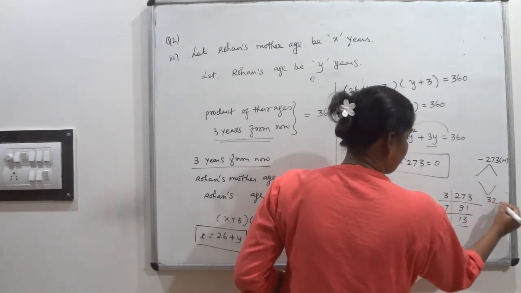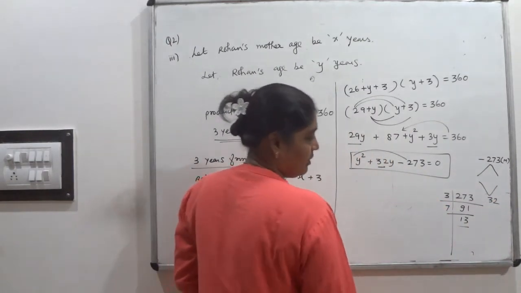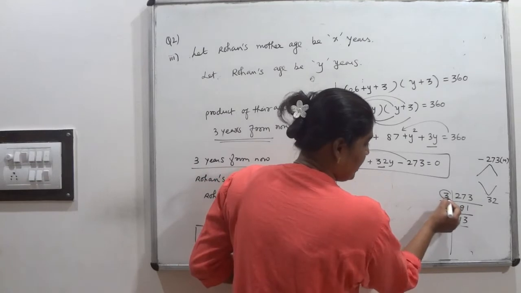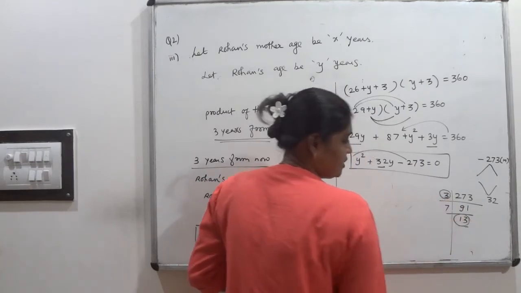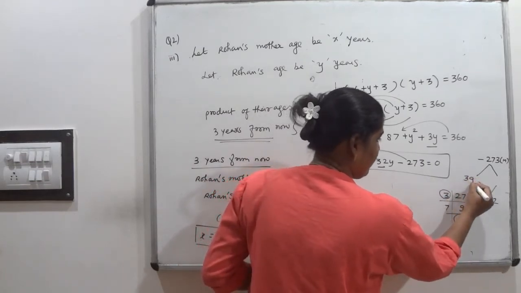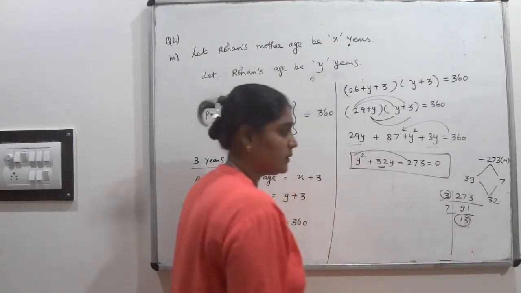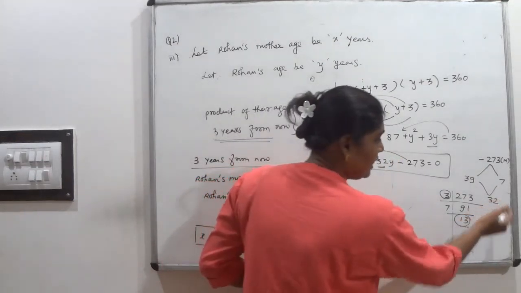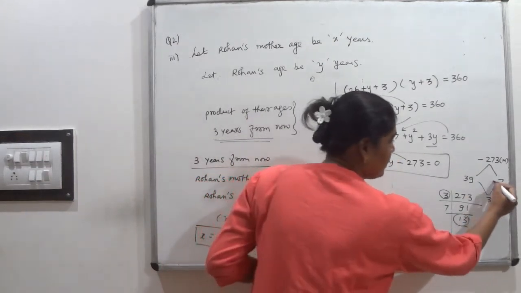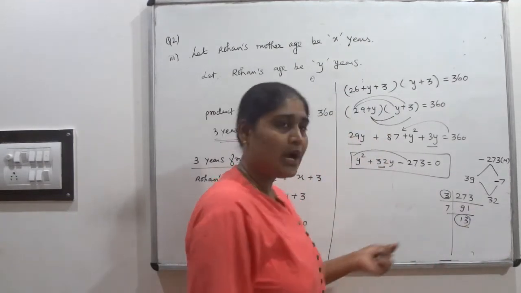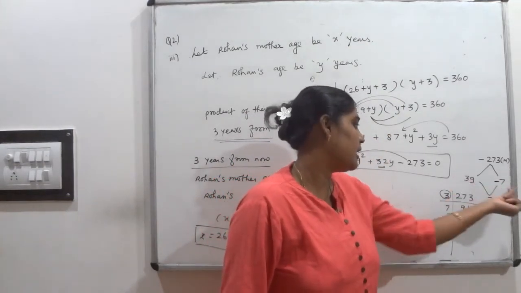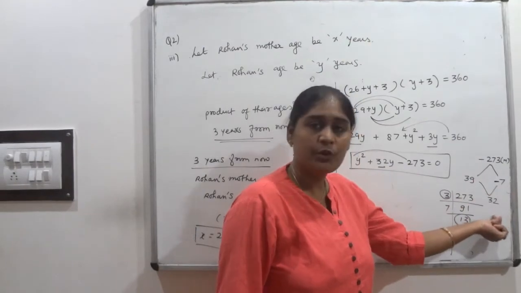So I am writing 3 into 13, which gives you 39, and this is 7. I need 32, so I am keeping minus 7 here. Now add these two values: 39 minus 7 gives 32 in addition.